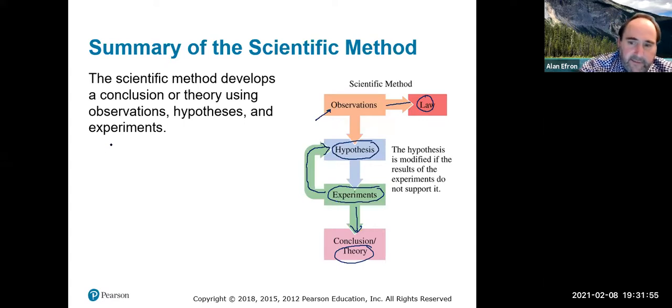A theory is something that may not be 100% correct every single time, or it may be something that was developed as a result of experiments. And in some cases, it can later be proven to be completely wrong, or proven wrong in certain areas. So, for example, there's Dalton's atomic theory, not really a law.